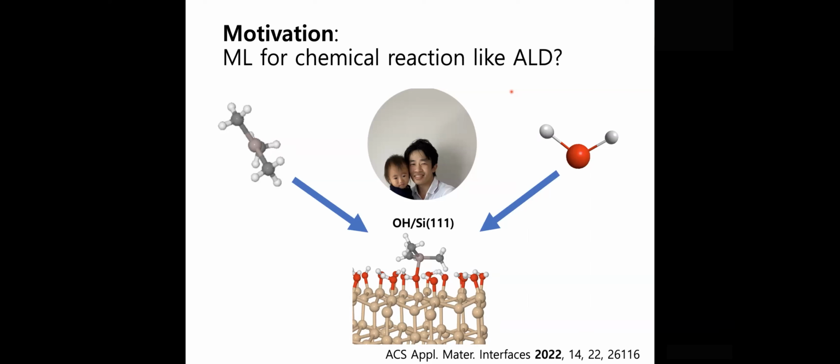For example, here, if you send TMA to the surface, here I have an arrow, right? It creates an interfacial chemical bond between aluminum and oxygen. And right after that, some of the hydrogen on the surface reacts with the methyl group, creating, you see, methane gas.